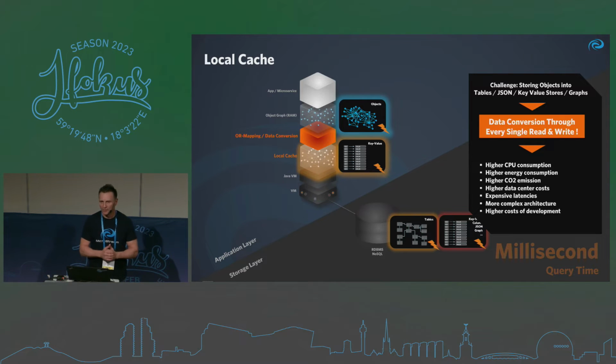Because we know a cache means we store data in memory. And so the database does not have to execute a query. We just read the data from the memory. So do you think a local cache, and there are many solutions out there, how fast is Hibernate caching? Nanoseconds? No. But why? We read data directly from the cache.